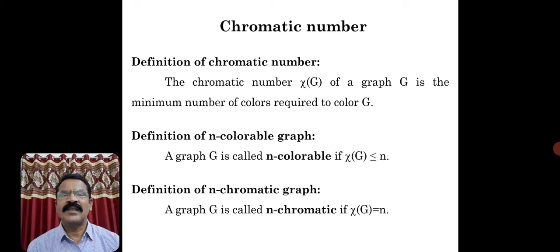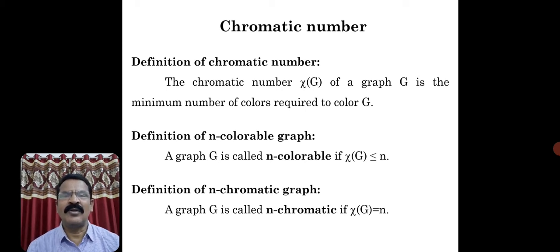Coloring of a graph is nothing but assigning the colors to the vertices in such a way that no two adjacent vertices have the same color. Now our aim is to try to reduce the number of colors. So the chromatic number is nothing but the minimum number of colors required to color G.